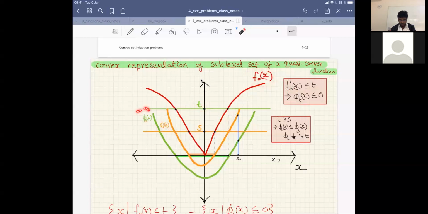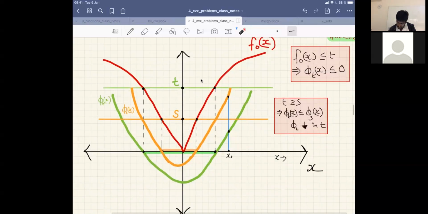This is a family of convex functions. Then we can use some trick to minimize the original function. That's the point. One more thing here: if you take two values, t and s, where t is higher than s, what can you observe?